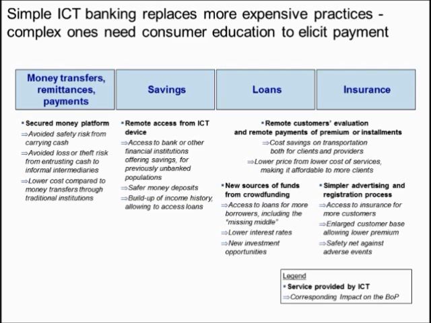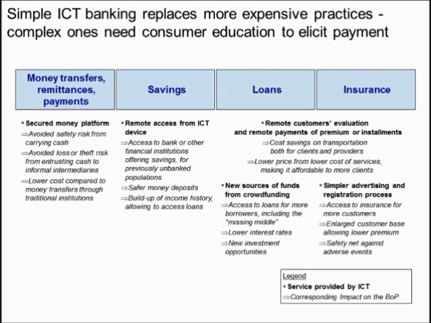Well, what it means for the BOP is that they can now avoid a safety risk from carrying cash or having cash at home. And actually, I must say that sometimes now the safety risk is transferred to the local agent. There are quite some cases of robbery of the local agents because they do have to carry cash with them.